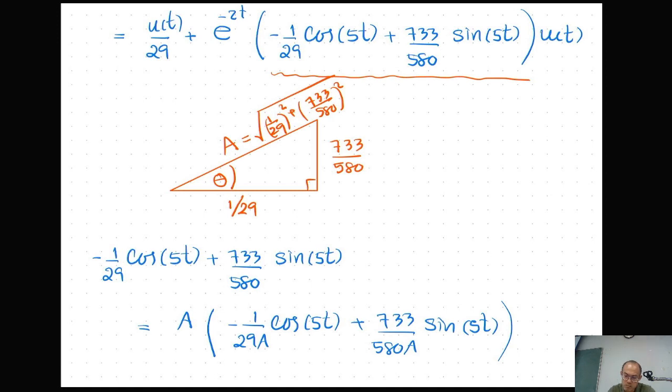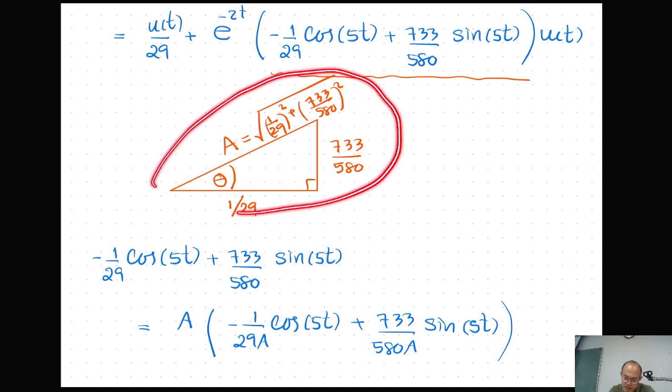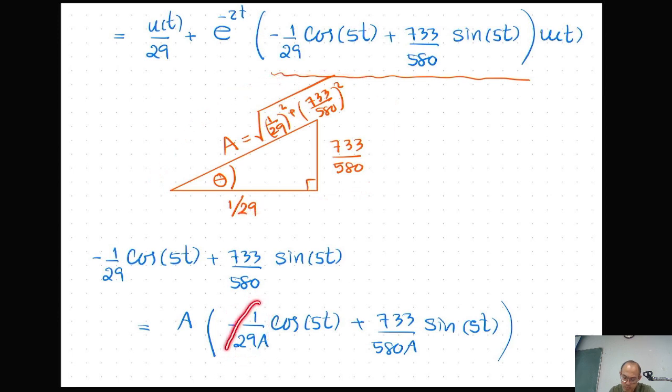Now, if you look at this triangle and you look at this value, what do you see? What is 1 over 29 over A? This is the cosine theta. Do you see? What about 733 over 580A? That is the sine theta.